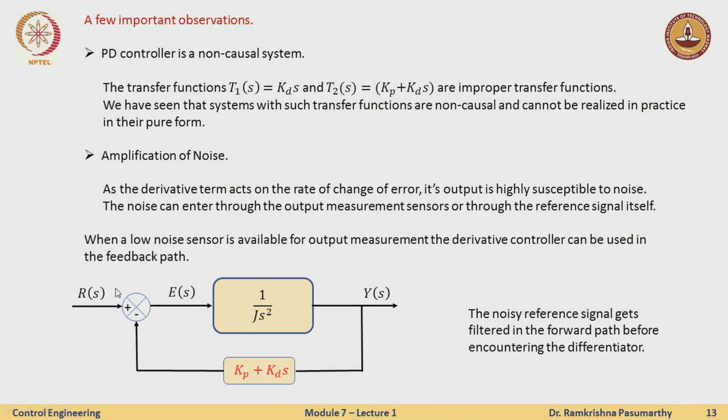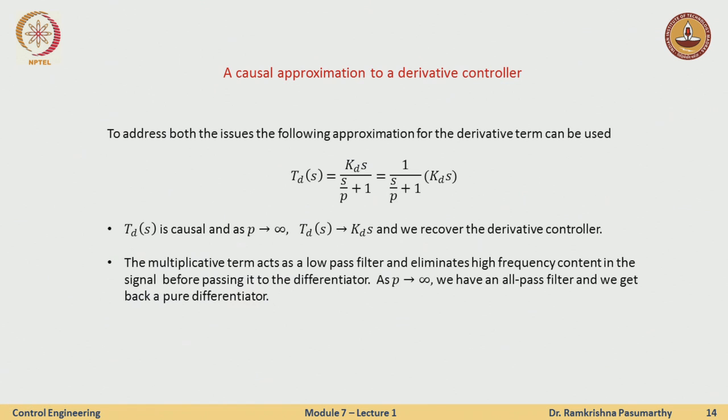In this case the noisy reference signal gets filtered in the forward path before encountering the differentiator. The noisy signal does not really encounter the differentiator, right. But of course, I still have to take care of the noise which is coming from y of s. That is a bit of a trade off here, but just some issues which we have to be careful of while dealing with these things in practice.